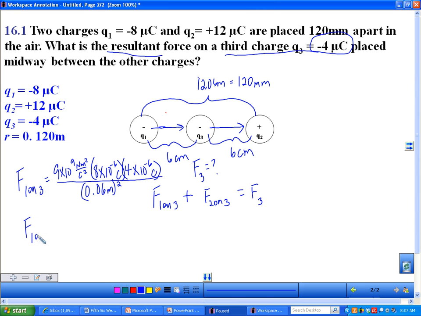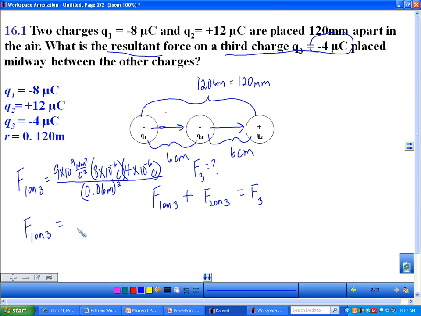Okay, so then you crank up your calculator, and you do the top: 9 times 10 to the 9th times 8 times 10 to the minus 6 times 4 times 10 to the minus 6 and divide by 0.06 squared. I don't think I can do this in my head, but 32 times 8 is 288 divided by 36. Would someone do that for us and tell us what they get for that force?